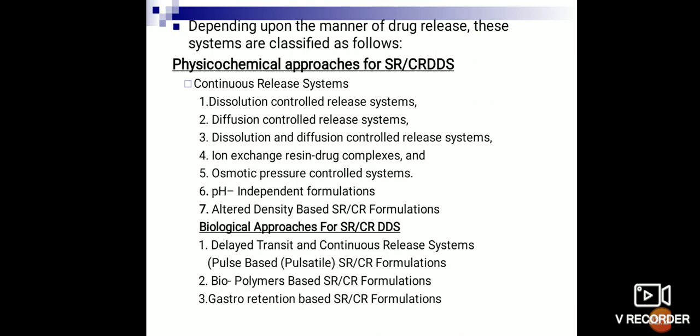The biological approach is divided into delayed transient or continuous release system, that is pulsatile drug delivery system, biopolymer based sustained drug delivery system, and gastro-retentive based sustained release formulation.